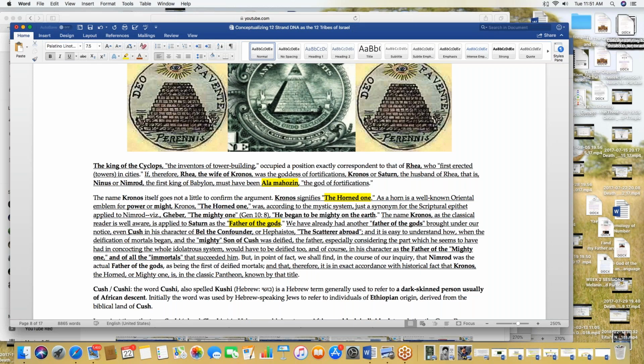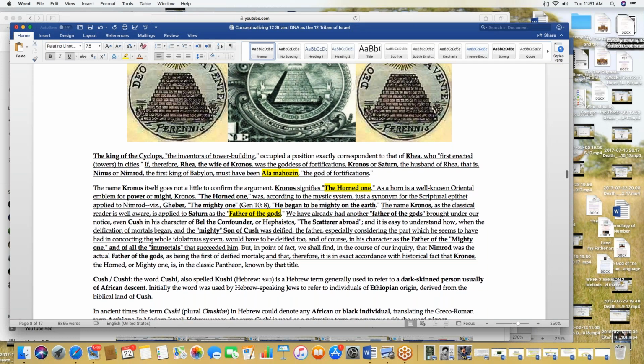And it is easy to understand how, when the deification of mortals began, and the mighty son of Cush was deified, the father, especially considering the part which he seems to have had in concocting the whole idolatrous system, would have to be deified too, and of course in his character as the father of the mighty one and of all immortals that succeeded him.